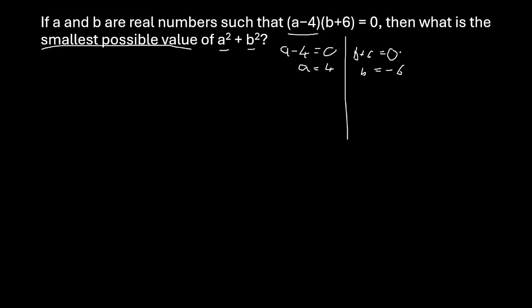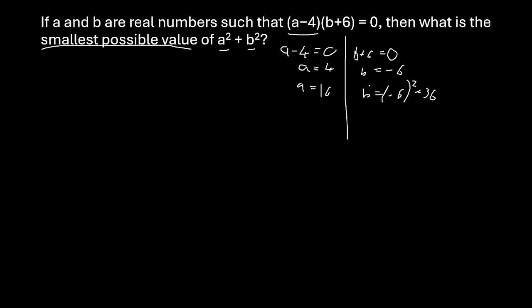But now see that a squared would be 16 and b squared would be just 6 squared, and that's 36.